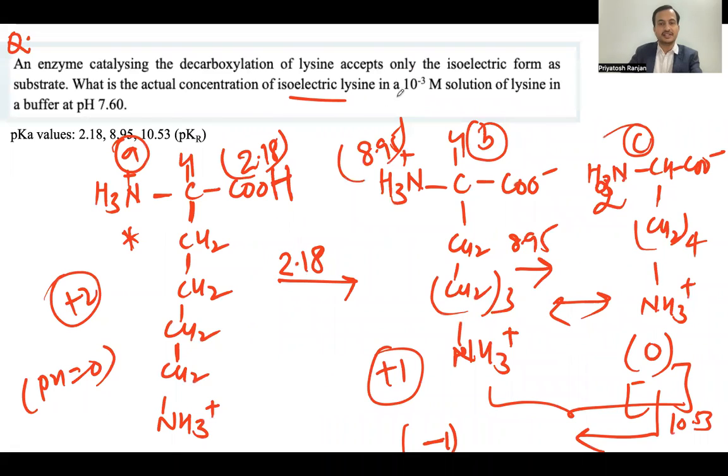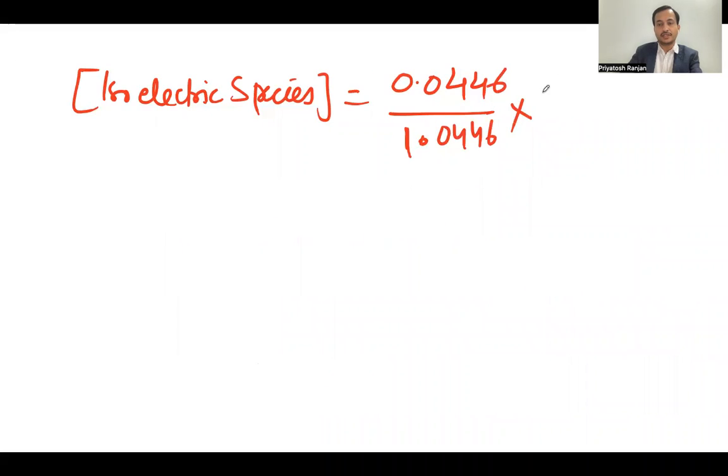What is the total value? That is given in the question paper. What is the actual concentration of isoelectric lysine in a 10 raised to the minus 3 molar solution of lysine? So 10 raised to the minus 3, and what is the answer going to be?